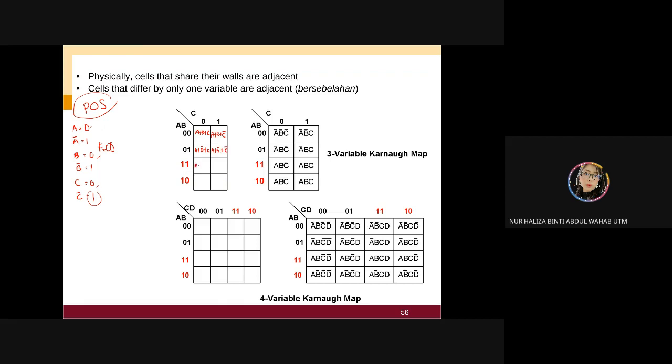I got here A bar plus B bar plus C, and A bar plus B bar plus C bar, and the rest. So this is if it is POS. So you need to know what is basically the representation for all of these in the truth table.